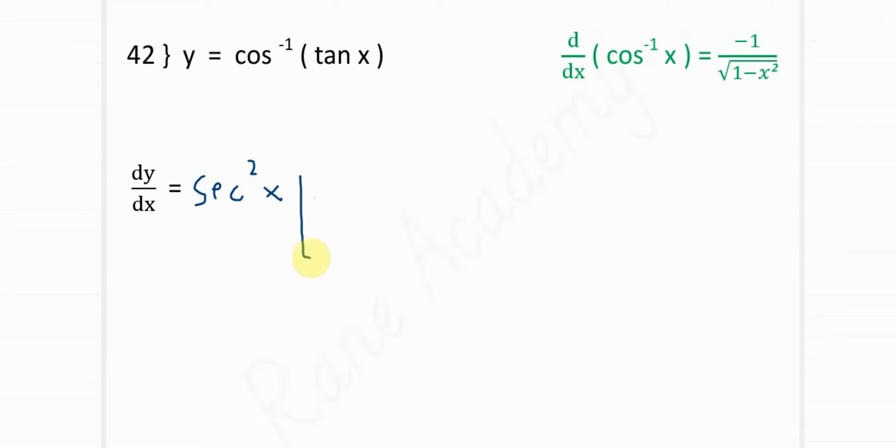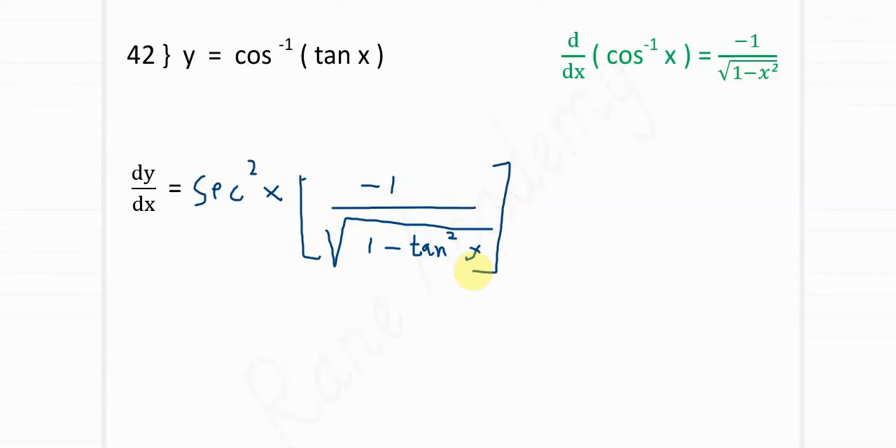And here the derivative of cos inverse x is minus 1 upon under root of 1 minus x square. So instead of x we write tan square x, and hence we get the final answer. So it is very easy provided you know the standard derivatives. Okay.